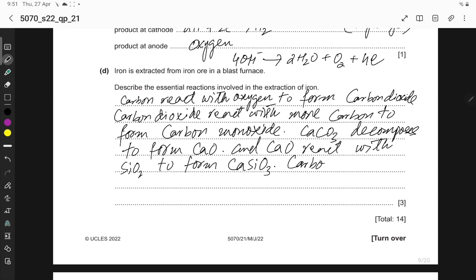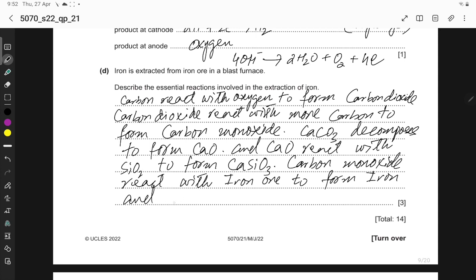Carbon monoxide reacts with iron ore to form iron and carbon dioxide.